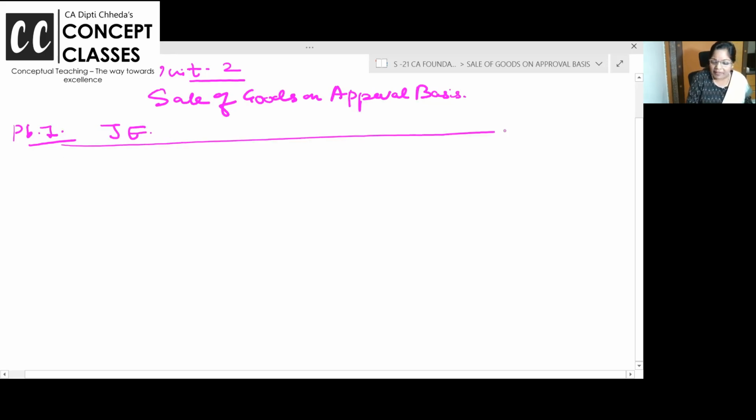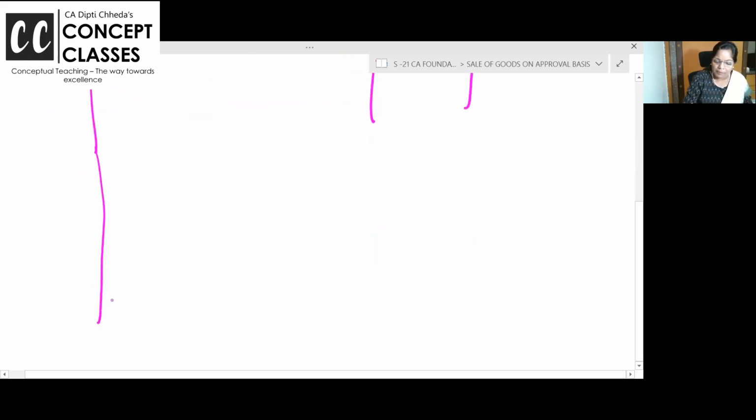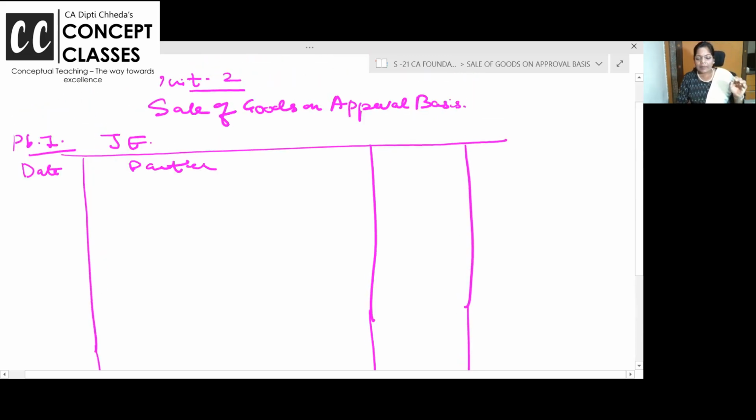You all know the format of journal entries. We have done it in so many chapters. Date, particulars, debit amount and credit amount. One full page, you do it. Okay? And I miss doing it, but generally in the initial part only we should do the working note. What is a working note actually? Now I'm doing it in the journal entry.